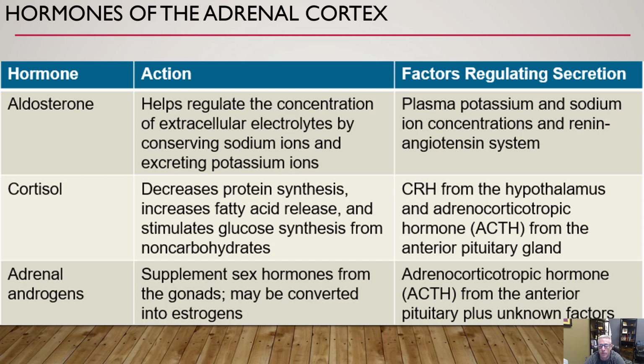Remember from the neuro chapters, the brain cannot use anything but glucose as its energy source. Remember, the body is good about using carbs, lipids, and proteins and converting everything into an energy source, but the brain can only use glucose.